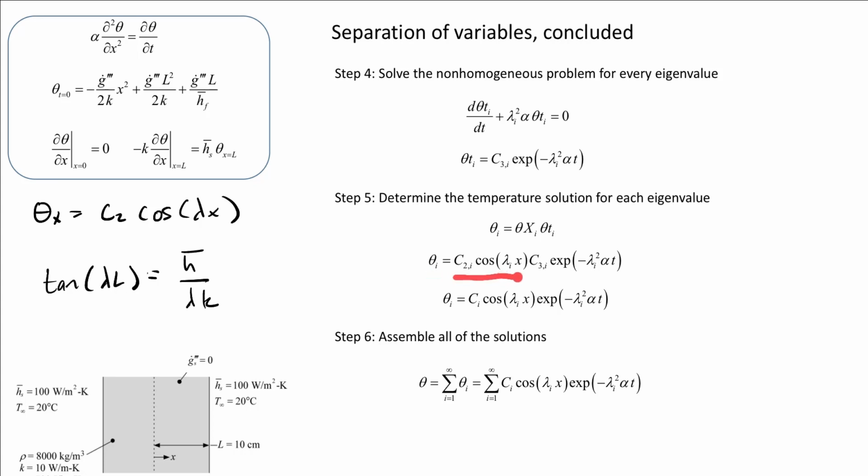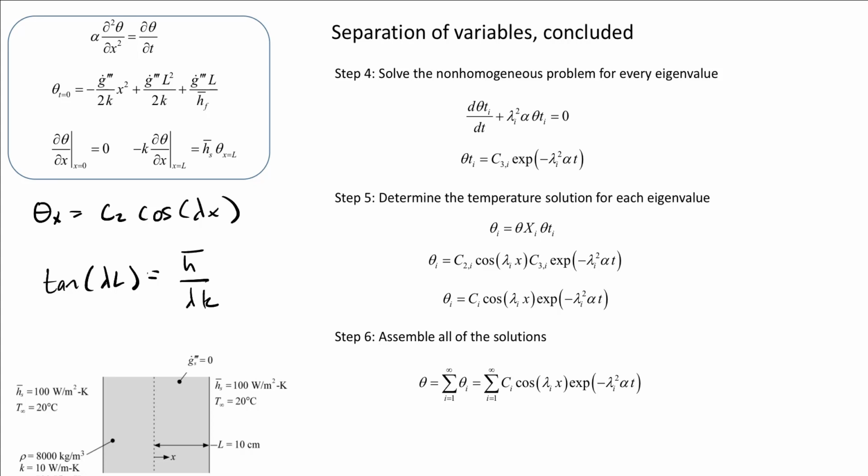We have our x solution, C2i cosine lambda i x, times C3i exponential of minus lambda squared alpha t. Right, those two things multiply. Well, the product of two unknown coefficients or constants is another single unknown constant. So we'll just call that Ci. Okay, so we've now got down to one set of Ci's that we need to solve for. Fortunately, we have our initial condition that we can enforce as our last boundary condition.